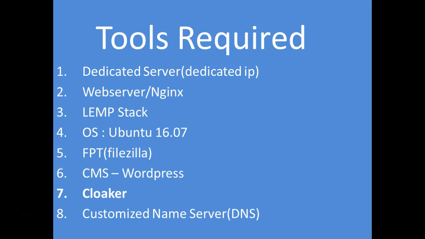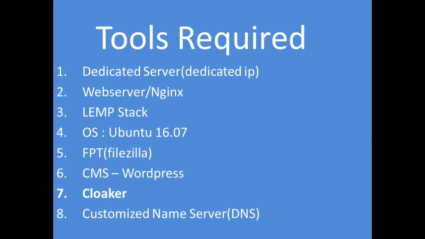That is the reason we need a dedicated server to run cloaking on your website and get success with it. Else your cloaking will fail and you will bleed your money.